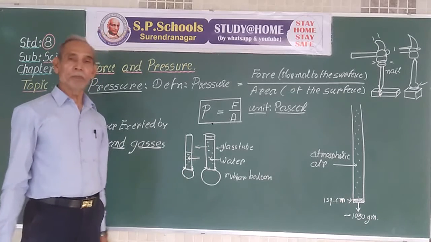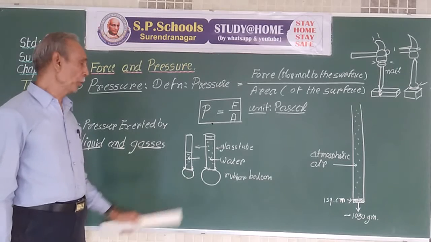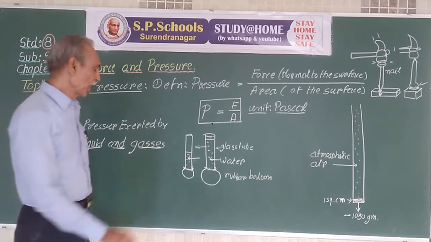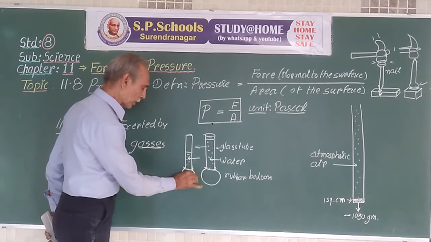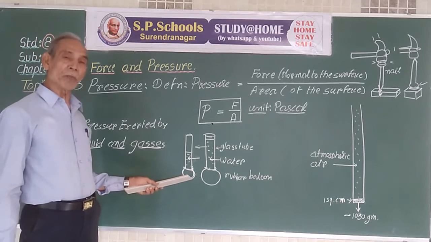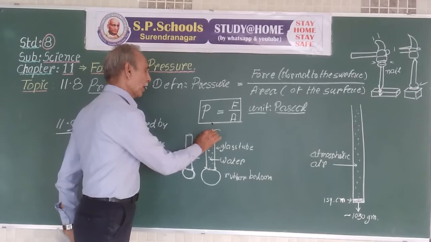Force exerted by liquids and gases. Take a tube. Tie a balloon at the open end of the tube. Put some water inside the tube. The balloon will bulge. Observe the bulging of the balloon. Then add some more water.